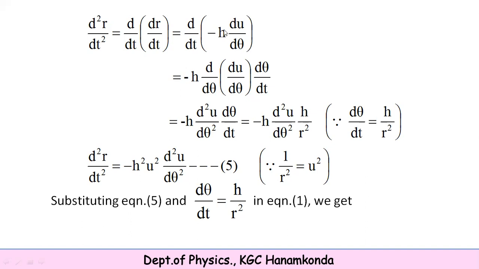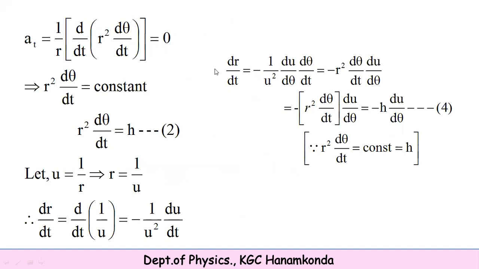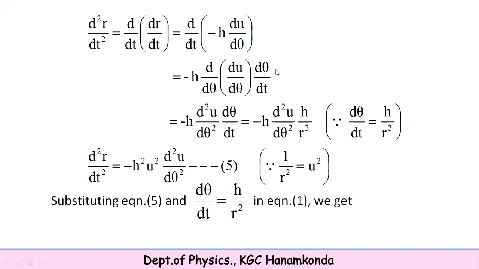And here, minus h is taken out because it is a constant. And again here we are using the same approach adopted in the previous step, where dr by dt equals du by d theta into d theta by dt into minus 1 by u square. Here also, minus h into d by d theta of du by d theta into d theta by dt.